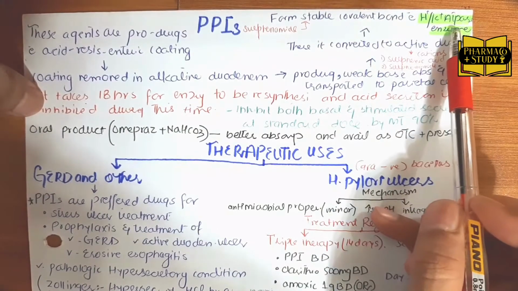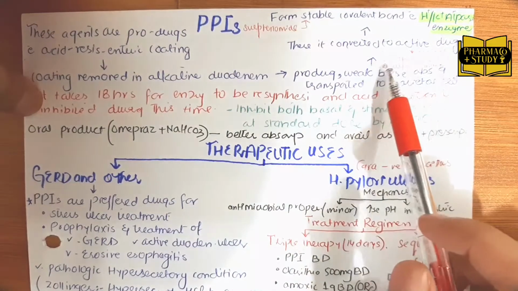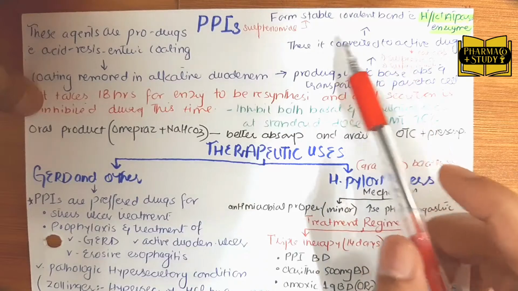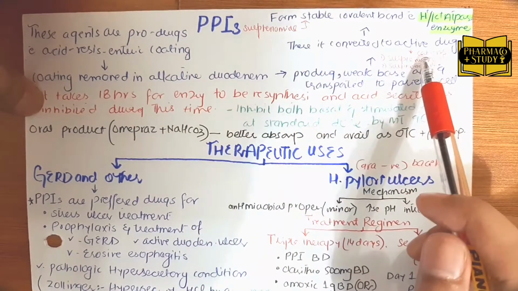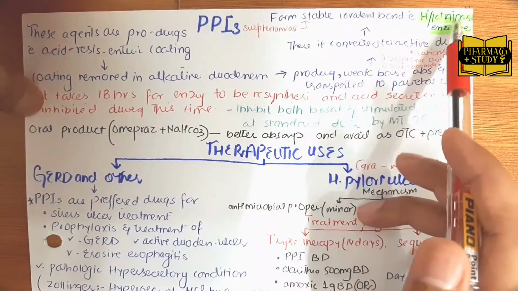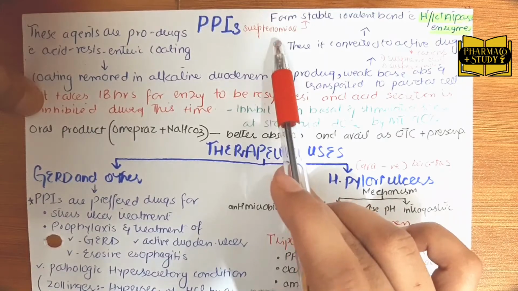It combines with the enzyme. The active components are written here: sulfenic acid and sulfenamide are the cationic forms in which it is formed, and the main ingredient that forms the stable covalent bond with the hydrogen potassium ATPase enzyme or pump is the sulfenamide.